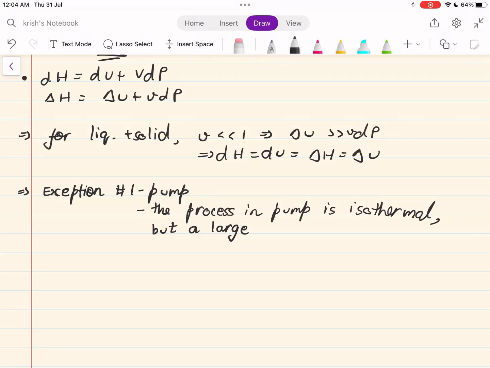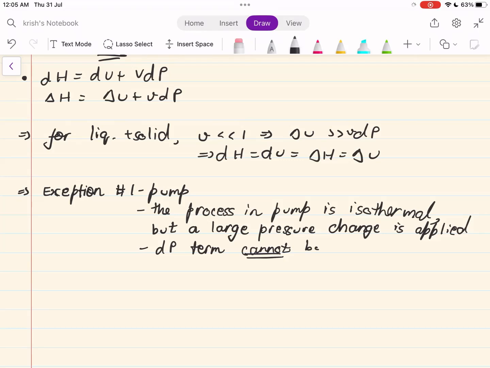A large pressure change is applied, which means the dp term cannot be ignored.